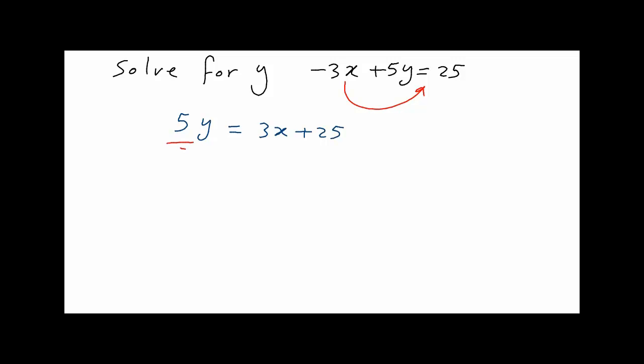Dividing all terms by 5, this will make our equation y equals 3 over 5 x plus 5. You should practice more than one equation and solve it for y, so you will have the skill and it will be easy in future questions.